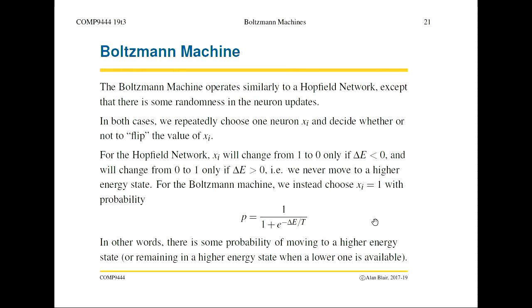But the difference is this: with the Hopfield network, we calculated the change of energy, and we never move to a higher energy state. We pick a neuron and say, if flipping that neuron will get us to a lower energy state, then we'll do it, otherwise we won't. So it was a deterministic process.